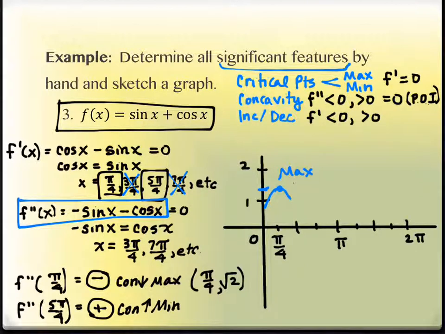The next location was at 5 pi over 4, which is right here. So what happens when I plug in 5 pi over 4 into this? I get the same thing but negatives. Yeah, I get negative square root 2 over 2, which is roughly negative 1.4. So something about right here.